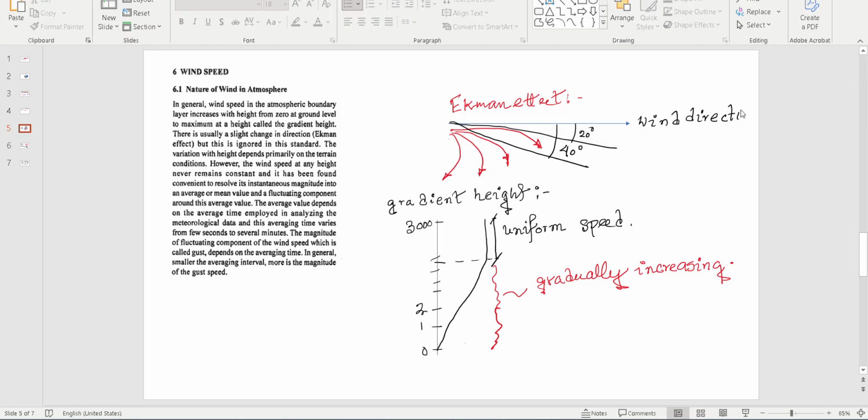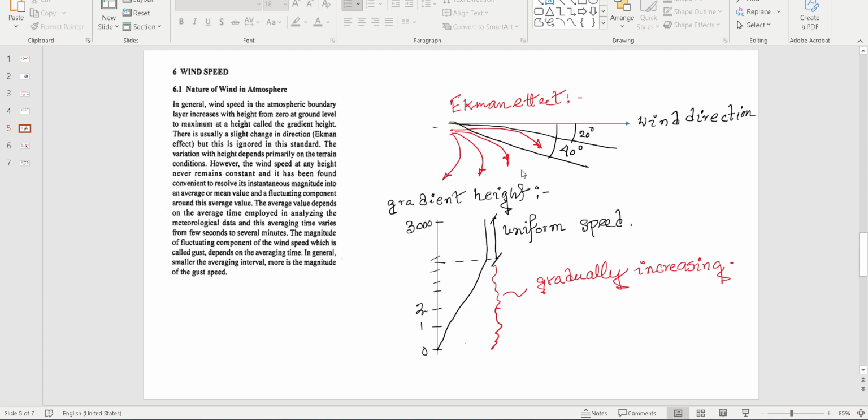This is the wind direction, and sometimes it happens that when the wind is blowing, there is some friction with the lower layer, when it is moving over the surface, or over the water.